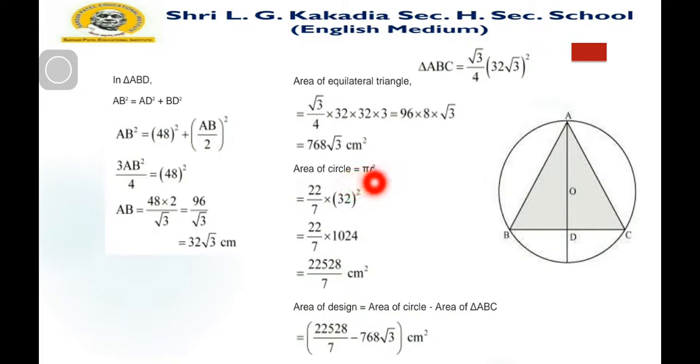The area of the circle is given by pi r square, so 22 by 7 into 32 square. So the area of the design is equal to the area of the circle minus the area of triangle ABC, which is 22 into 32 square by 7 minus 768 square root 3 centimeter square, which is the required area.